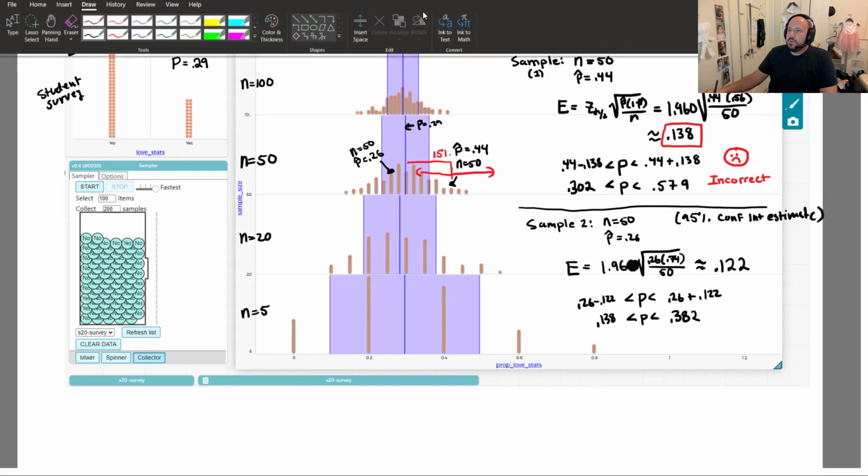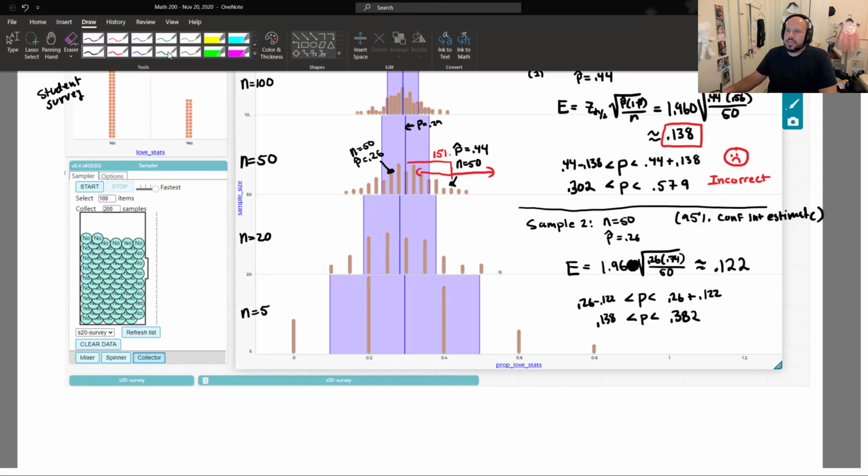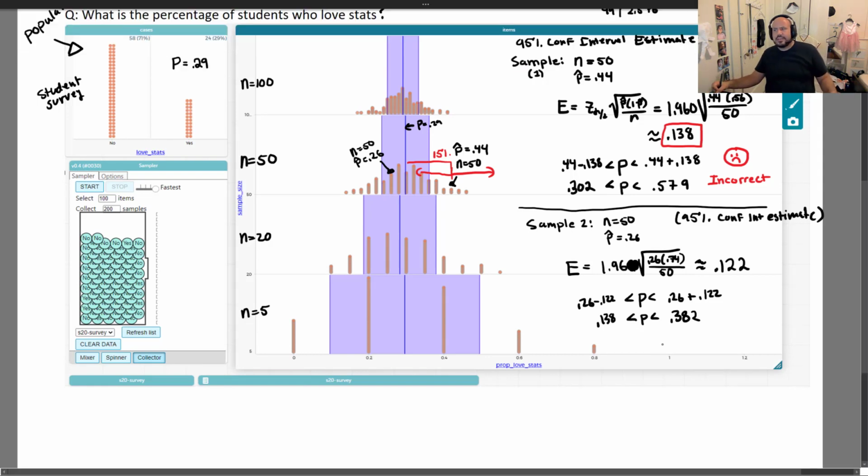Now, what I want to point out here is that I'm a lot happier with this estimate. I'm doing it in green because basically I'm happy, okay? I'm happy in this case because I know ultimately I'm correct. And once again, I want to remind you guys, in human practice, we don't know if we're correct or wrong.